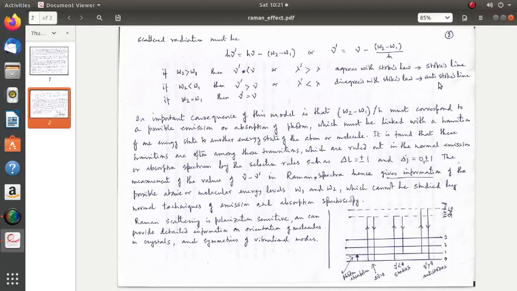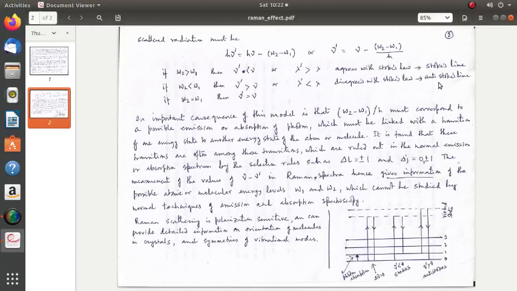So that means we can get information about a limited number of energy states of molecules or atoms. But in Raman spectra, it is not necessary to follow selection rules such as this. It can give information of the possible atomic or molecular energy levels which cannot be studied by normal techniques.